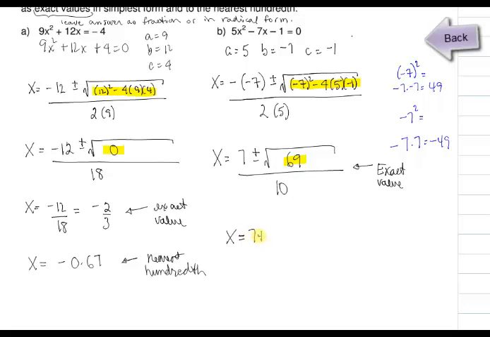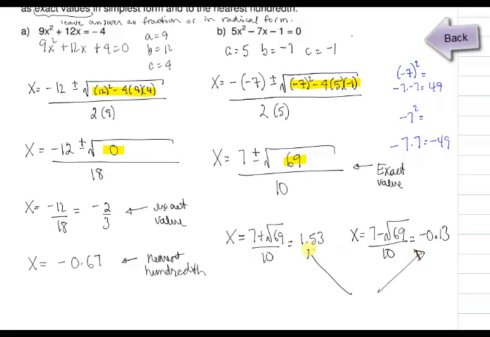So we're going to go 7 plus root 69 over 10, and we get 1.53. And then we are going to also work out 7 minus the square root of 69 over 10, and we get negative 0.13. So this is to the nearest hundredth.